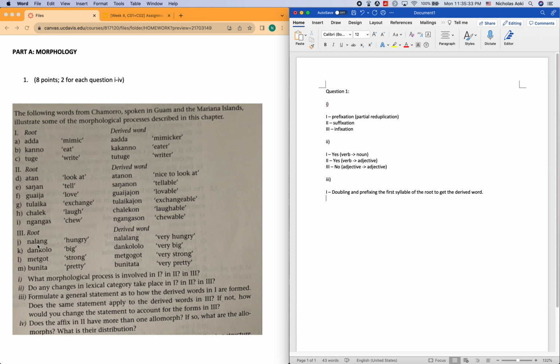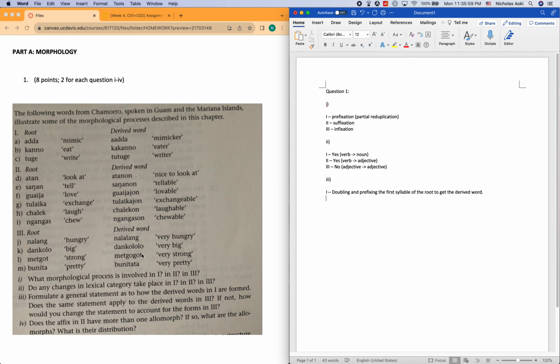In na-lang, the final syllable is lang. The first consonant and vowel is la. And we infix that, we place that within the word to get na-la-lang. For met-got, the final syllable is got, and the first consonant and vowel is go. So we double go and place it within the word: met-go-got.